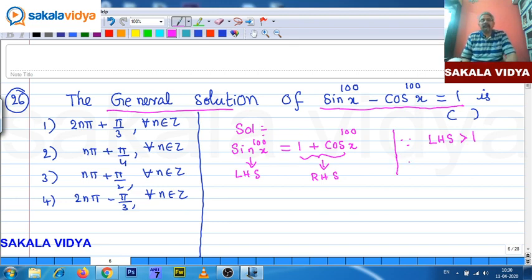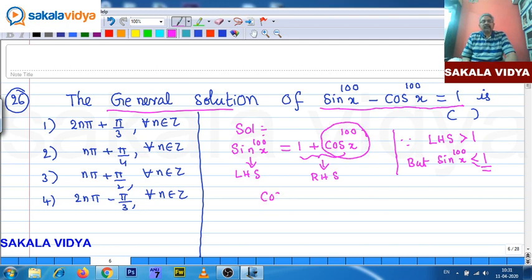But sin x to the power of 100, an even power, is always less than or equal to 1, because the sin value lies between -1 and 1. So that means cos x to the power of 100 should be equal to 0.